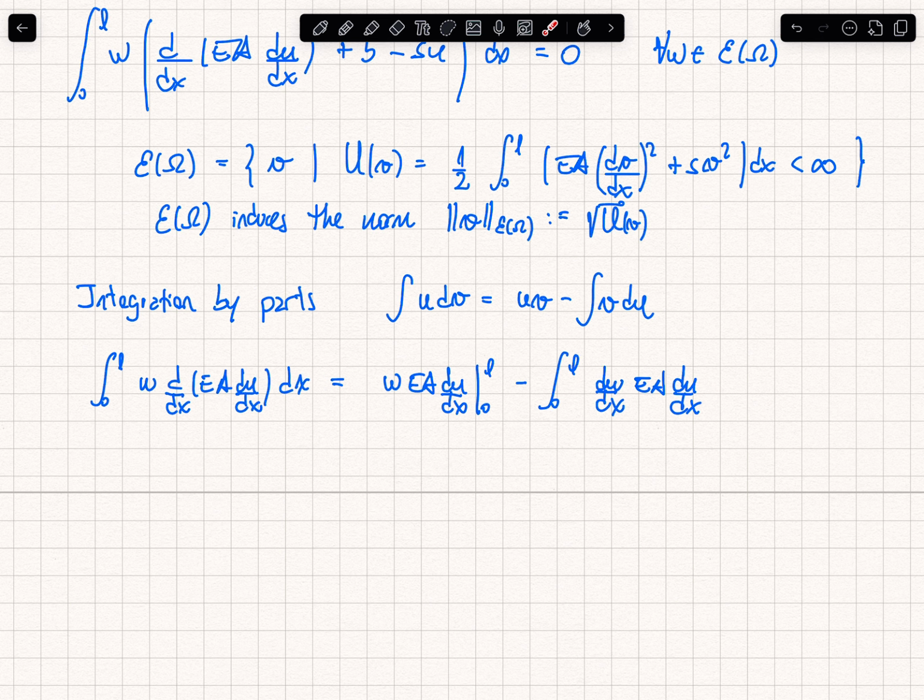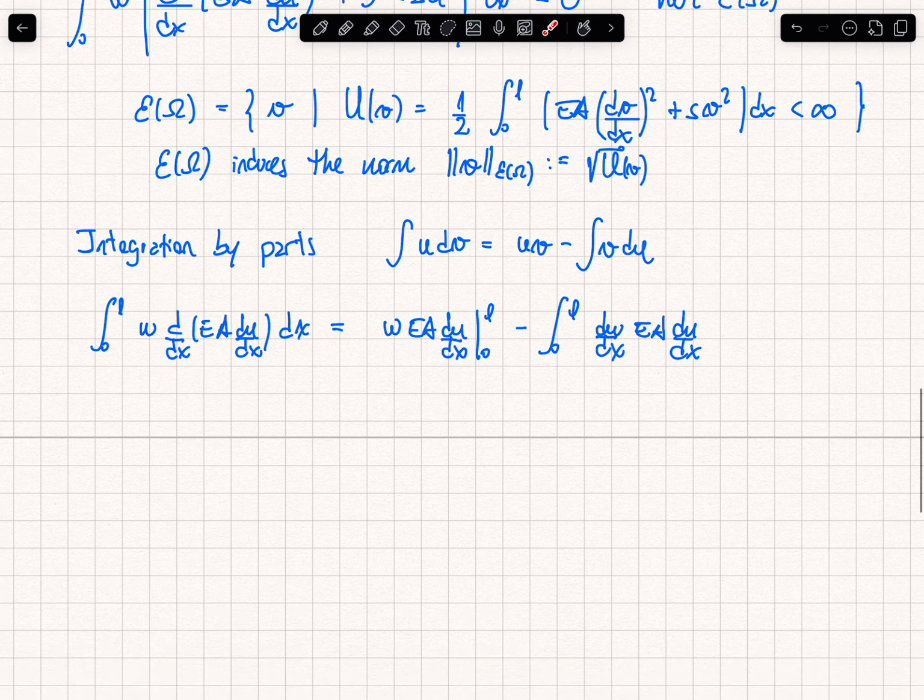The balancing of those derivatives, in the end, is going to lead to nice properties in our discrete problem, and this symmetry in the formulation also leads to symmetry in the resulting stiffness matrix and so on.